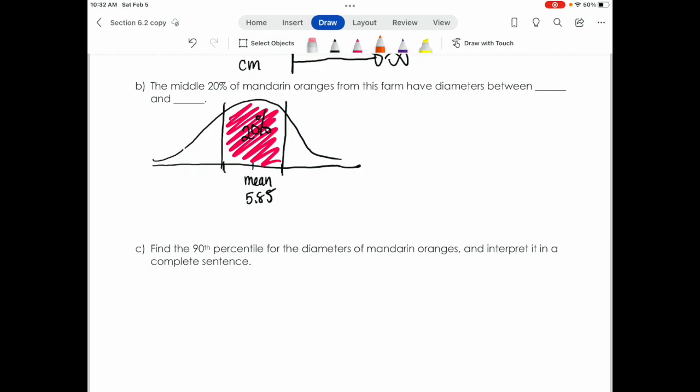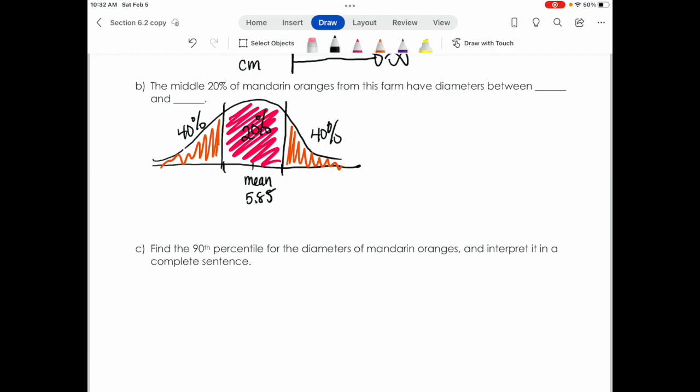Okay, so what this means, if I fill out the rest of this graph and look at the percentages, this percentage would have to be 40%, and this percentage would have to be 40%, and that's because the total under the graph has got to be 100.